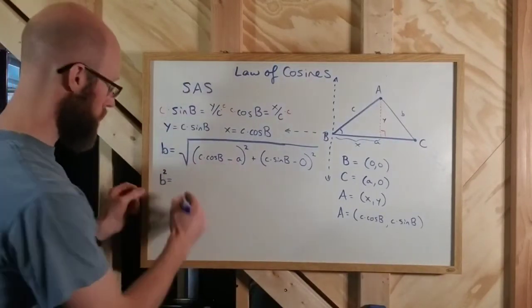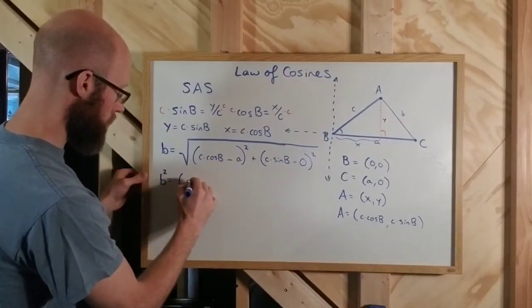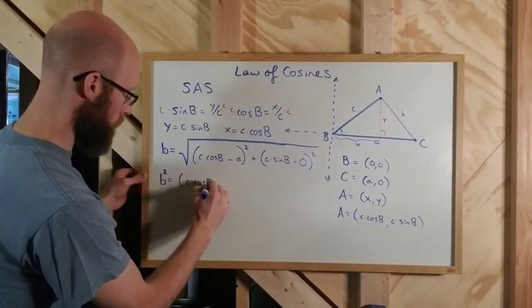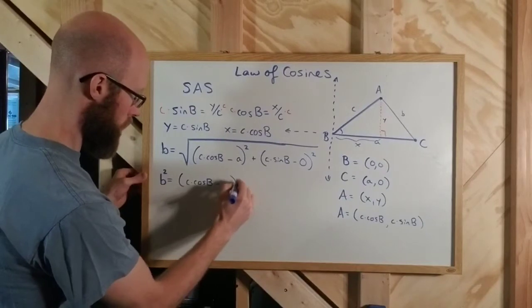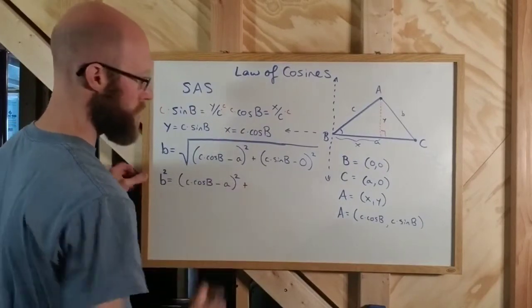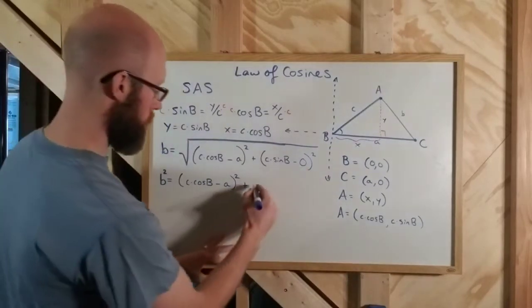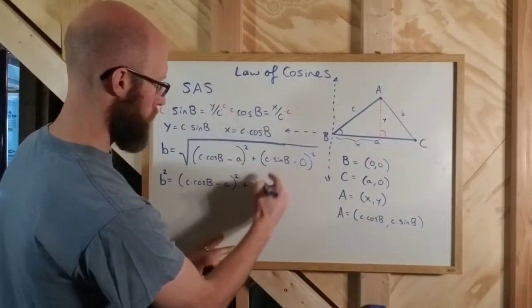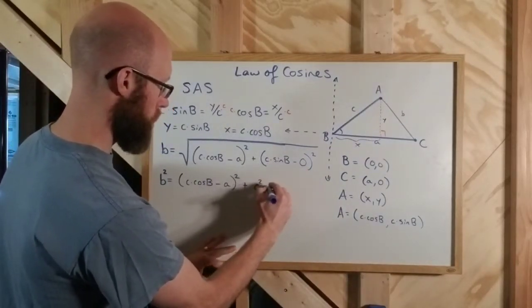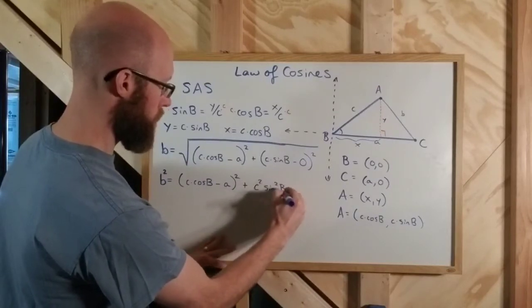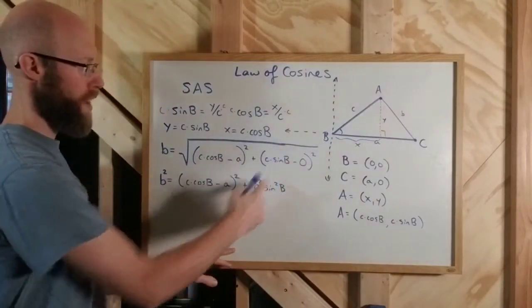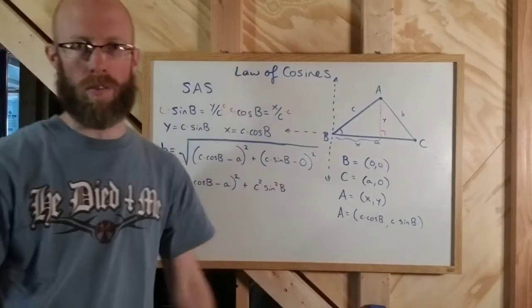So the stuff underneath is c times cosine B minus a, squared, plus, now if I'm subtracting 0, I really don't need the 0 in there, so I'm just going to call this c squared sine squared B, right? I'm applying the square to both those factors. The 0 is gone, so I don't need it.